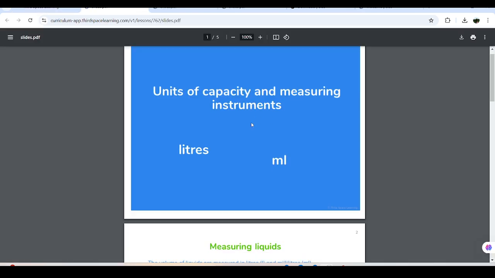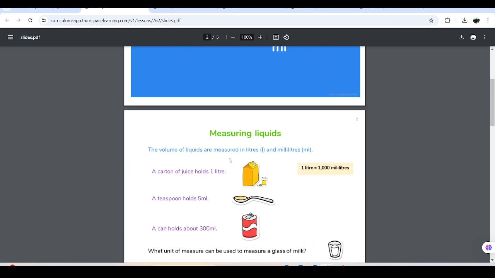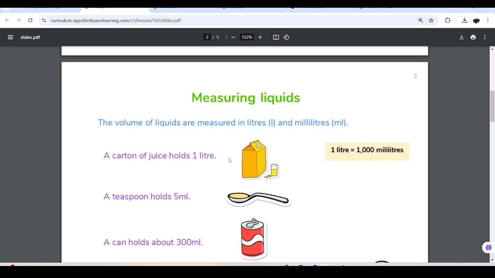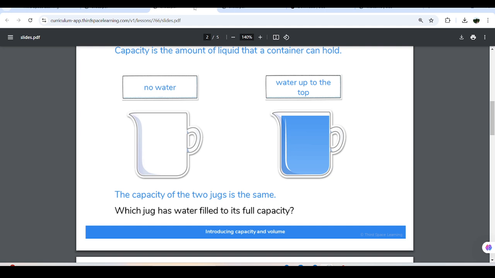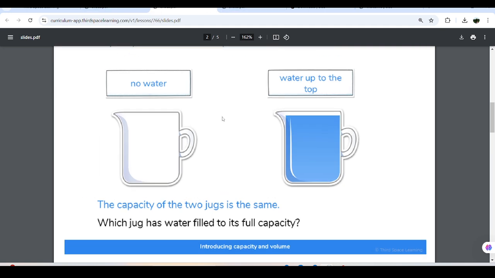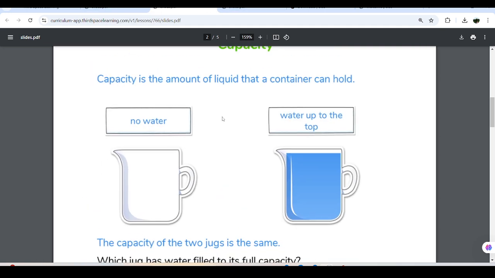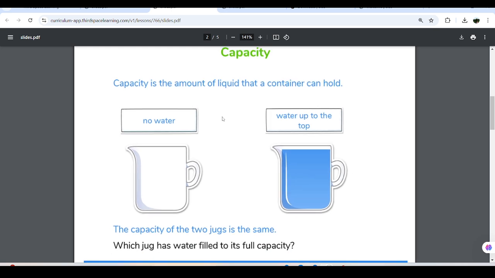Let's see the units because, as I said, liters and milliliters are the units to measure the capacity, right? And there is one more thing I need to talk about, the difference between the volume and the capacity. We can see the capacity is same for both of them in case of no water or water up to the top, right?